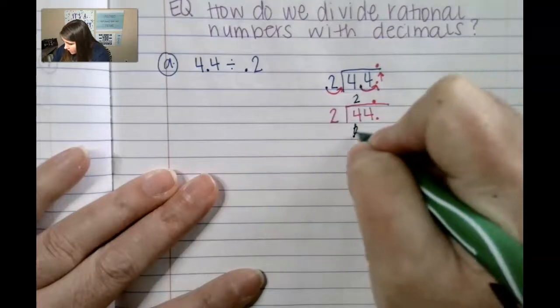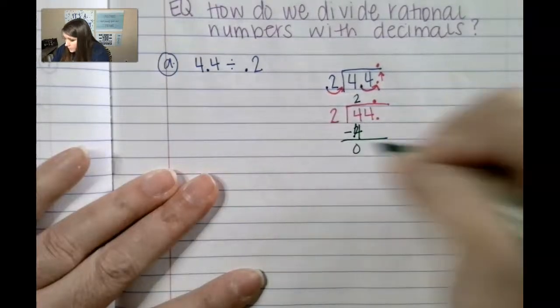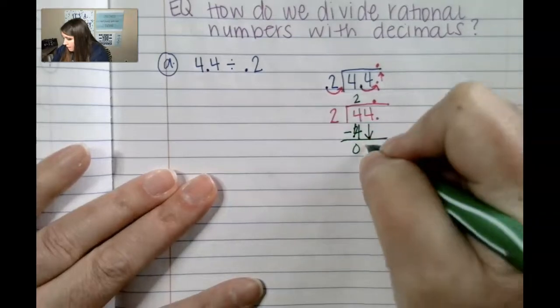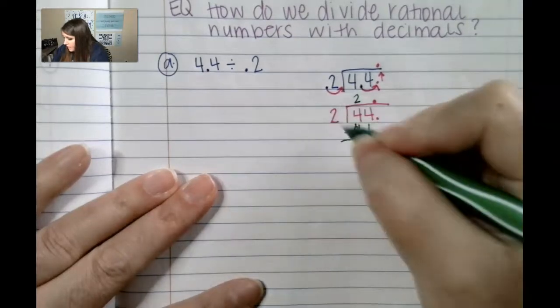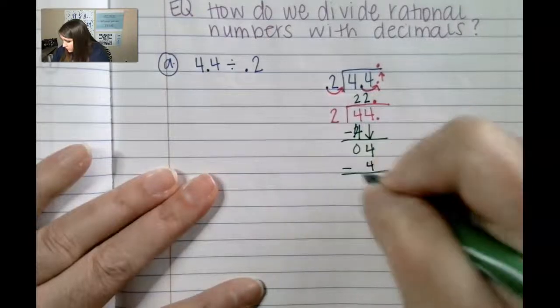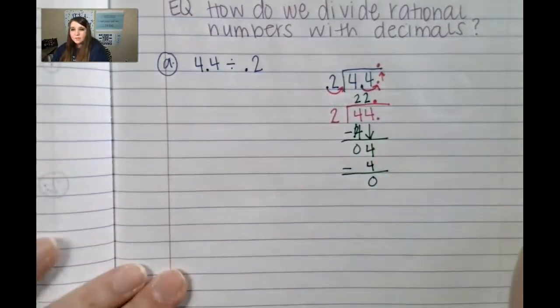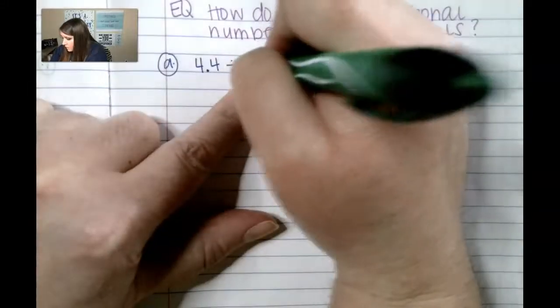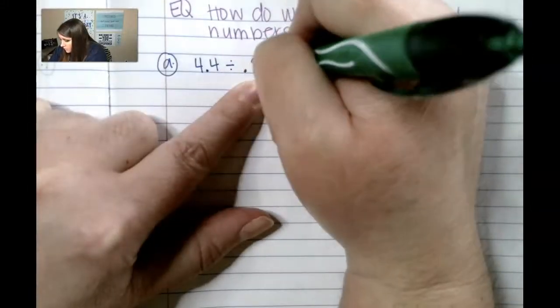It can go in 2 times, which is 4, so that gives me a 0. I'm going to drop down my 4, and then 2 can go into 4 2 times with 0 left over. I subtract, and then I have 0. So my answer to this problem is 22.